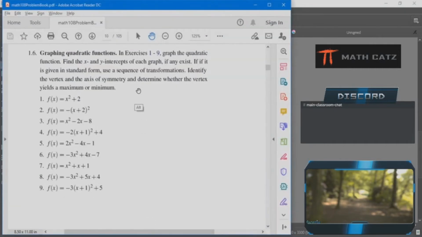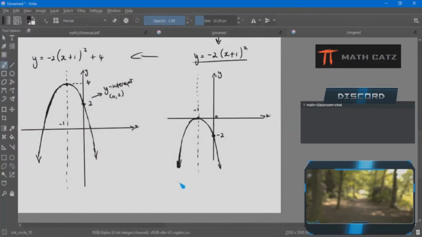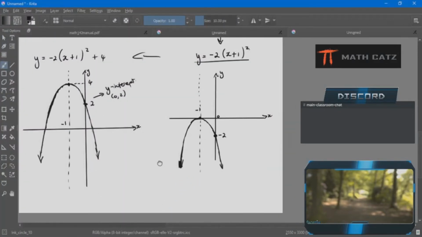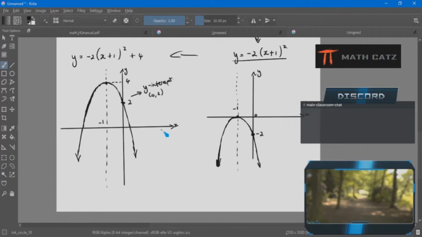They also want to know the x-intercept. So let's see if we can squeeze that in somewhere. I think we can do it over here. X-intercept, or in this case, oops, it looks as if we'll have 2 of them. I can read where they are from the graph, right?